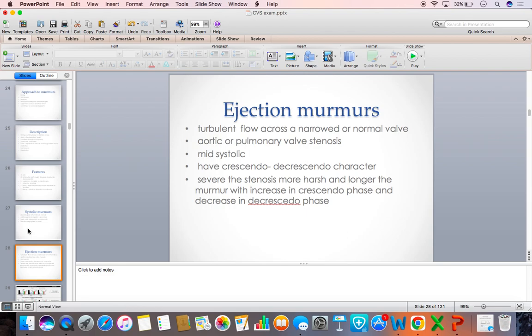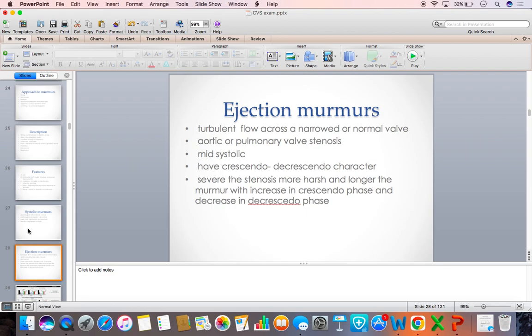They are mid-systolic, with crescendo and decrescendo character. The more severe the stenosis, the harsher the murmur, and the longer the crescendo phase, while the decrescendo phase decreases.